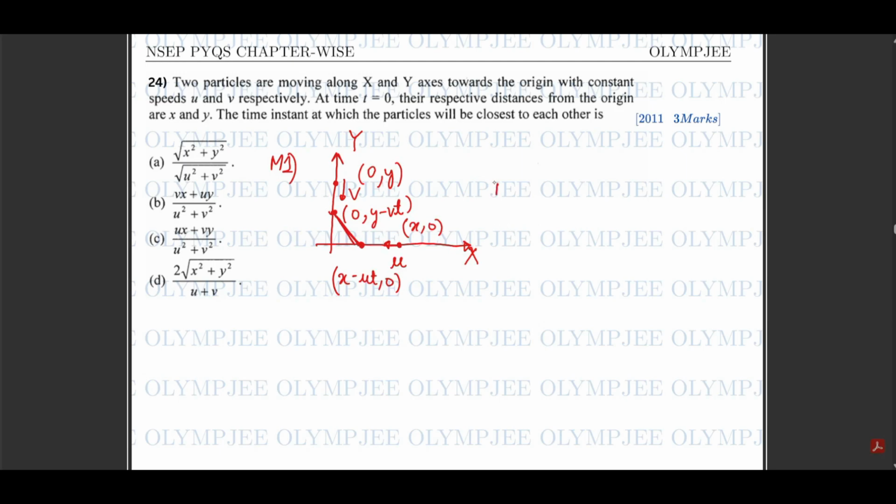So we can write the distance as x minus ut square plus y minus vt square. Squaring, we get x minus ut square plus y minus vt square. Now we can differentiate and equate it to 0 to find the time at which the distance will be minimum.